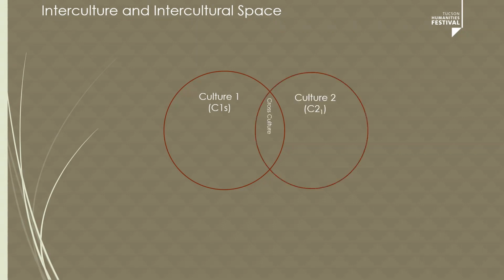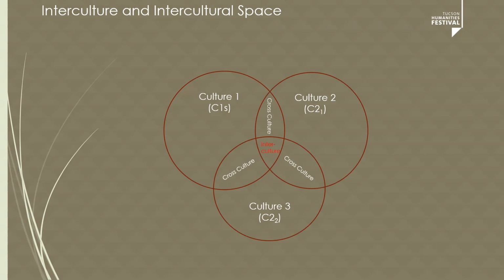Where two cultures collide, as I've said, we have cross-cultural conflict in the cross-cultural space, as you can see here on the slide. But the intercultural space, or interculture, I'll define as that space or place where more than two cultures come into contact. How do cultures come into contact? Well, they don't.